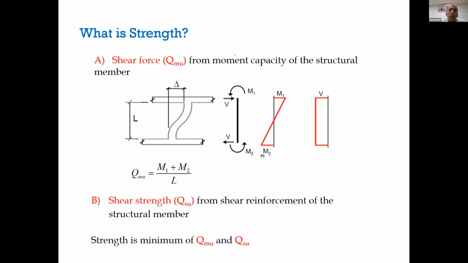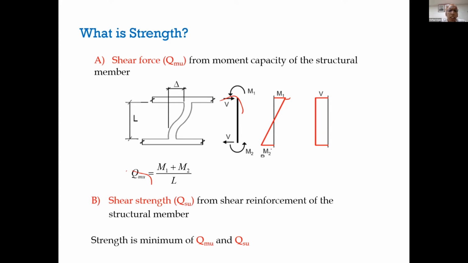If it is a column, then the maximum moment capacity of the column is considered, and at this stage the shear is defined as Qmu. So Qmu is M1 plus M2 at both ends divided by the clear height of the column.